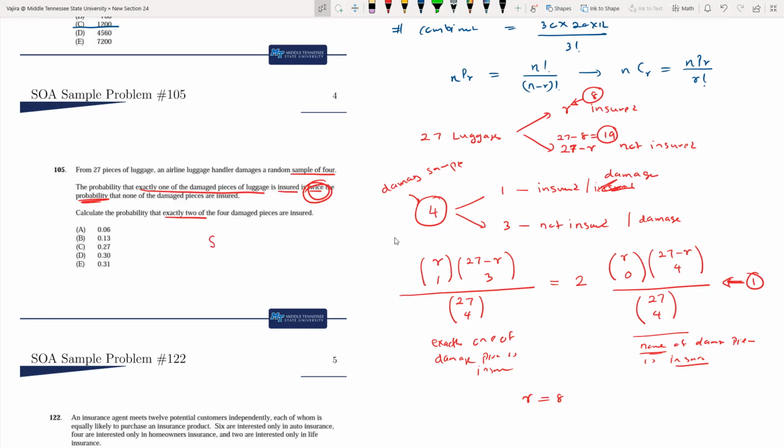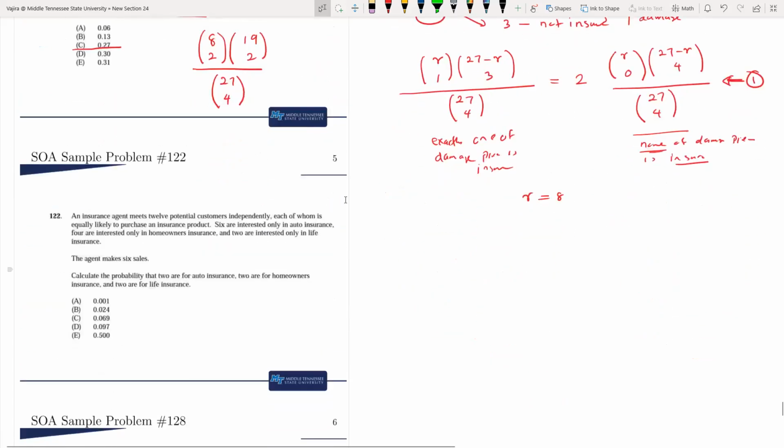So from 8, we need 2 to be in our damaged sample. From 19, which are not insured, we need another 2 to be in our sample. And then total, we have 27, and we can pick any 4. Okay, so this is the probability. And you can solve this, and you should get 0.27 as your answer.